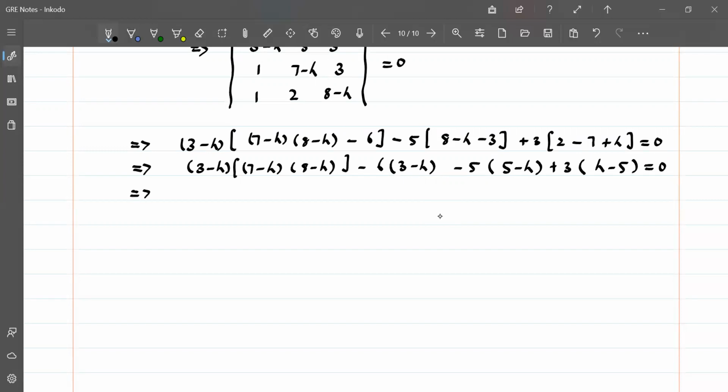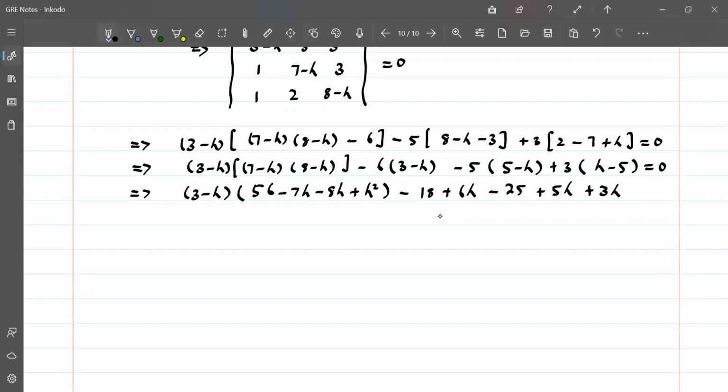Now we simplify this. 3 minus lambda into 7 8s are 56, minus 7 lambda, minus 8 lambda, plus lambda square, minus 6 3s are 18, plus 6 lambda, minus 5 5s are 25, plus 5 lambda, plus 3 lambda, plus 15, equal to 0.